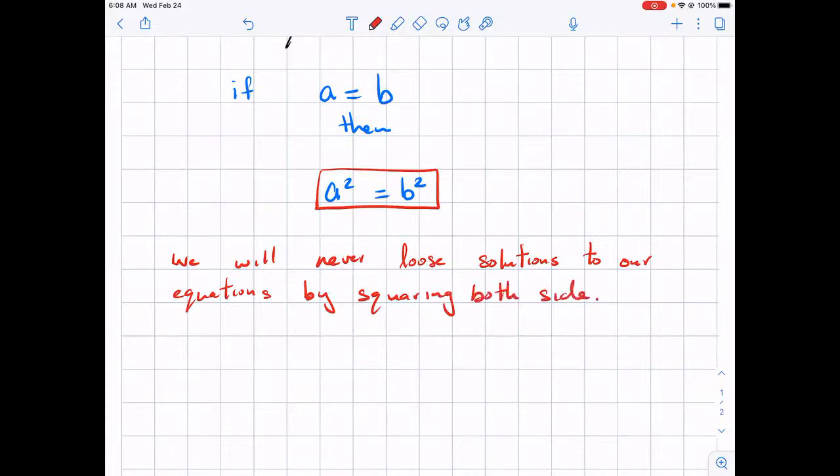So we never lose it. We may, however, introduce what is called extraneous solutions.